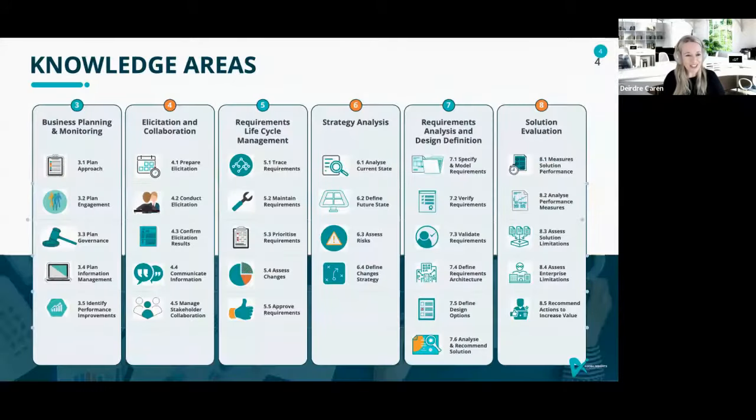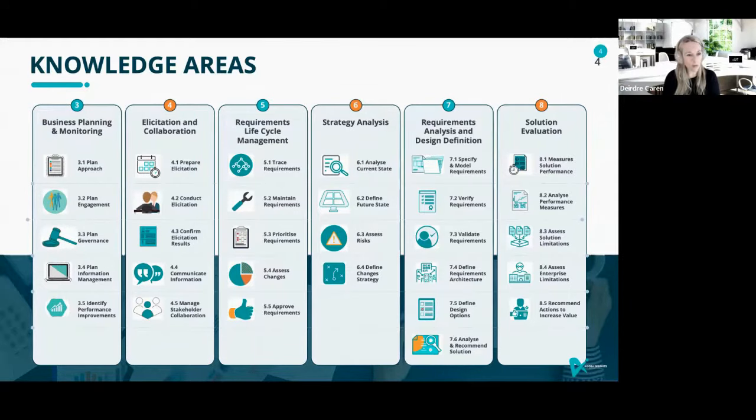So, key knowledge areas. We have 6 key knowledge areas, and a knowledge area is something that you need to learn. As a professional, you need to know how to plan your business analysis approach. You need to work with stakeholders to find out information, share that information, and collaborate.